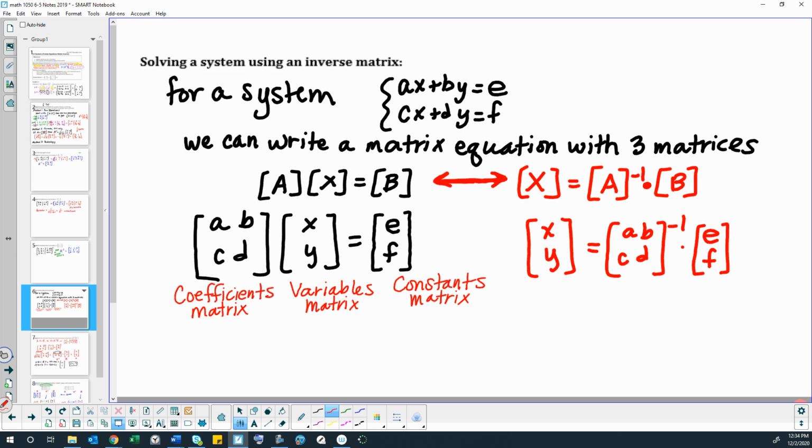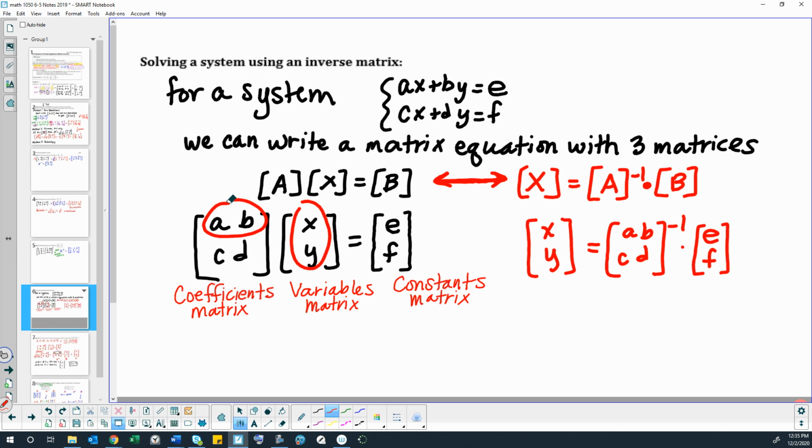So this is like our coefficient matrix because it's the numbers next to the variables. This is our variable matrix because if we were to multiply this times this, notice how you would get A times X and B times Y, and you would add those together. You just get that equation right back. And then E and F is the constants. That's what we're trying to get those equations to equal.